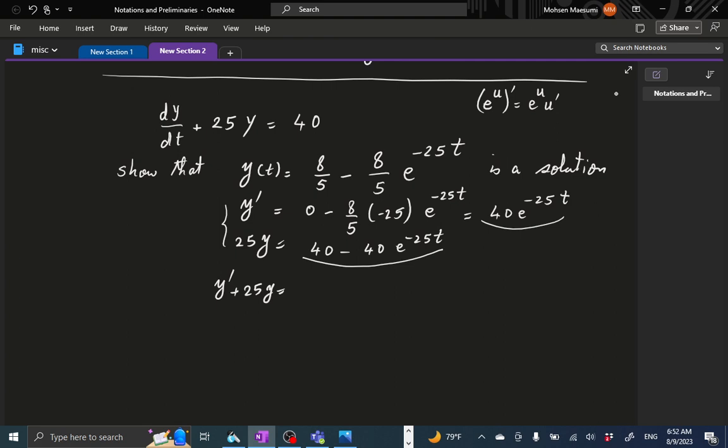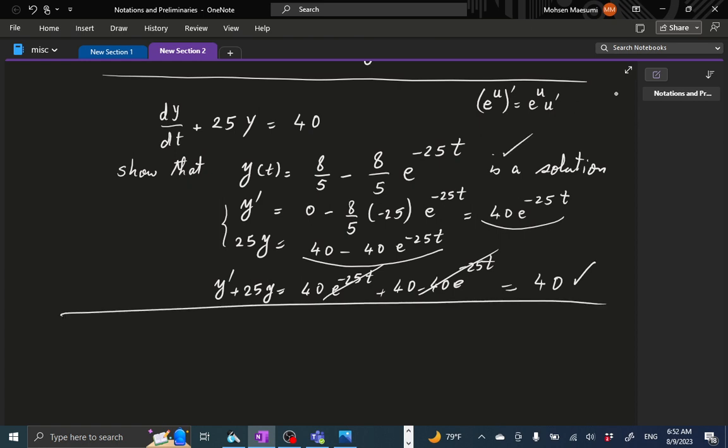So that was 40 exponential of minus 25t, and then 40 minus 40 exponential of minus 25t. Here's the magical cancellation, and I'm left with 40, which is what the original equation was. So when I combine these things, I do get 40, and that is a vindication that this is a solution.